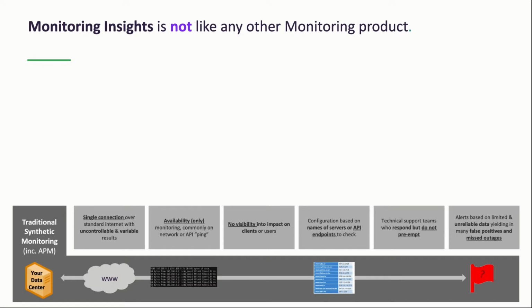Secondly, the focus of traditional applications is on availability, so mainly ping type of synthetic monitors. Now, this means that although server-side issues can probably be noticed when there are issues, client-side issues are basically not going to be picked up, or not enough of the client-side issues will be picked up by the traditional solutions.